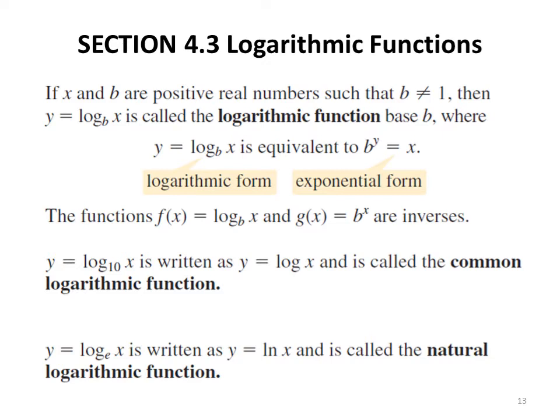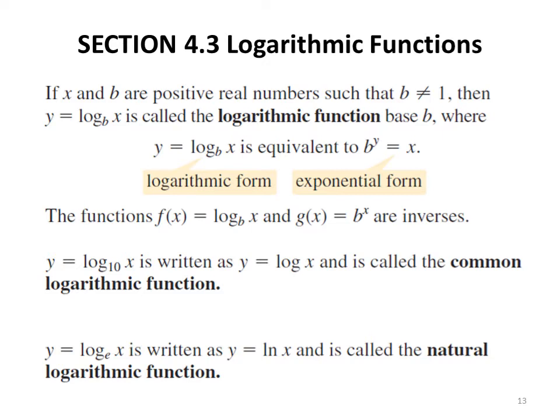This is just the inverse function of the exponential function with base b. y equals the log of x to the base b if and only if b to the y is equal to x.